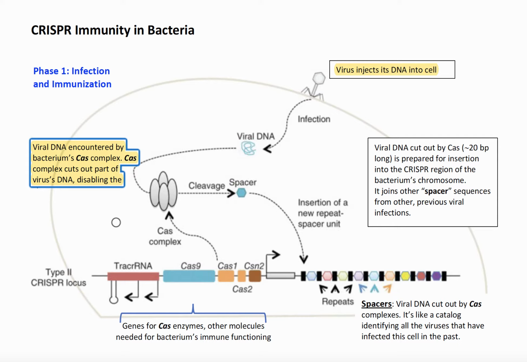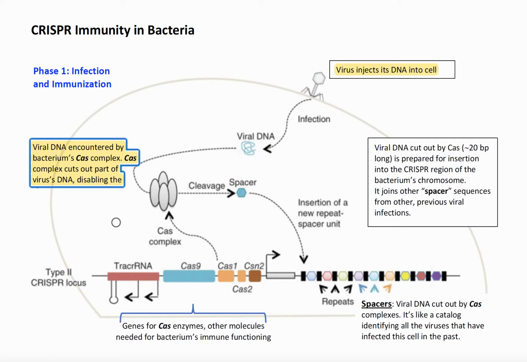And if we chop up the virus's DNA, it's no longer going to be able to infect the cell. It will disable that viral DNA, and it can't do the work that it would otherwise, and that is to sort of commandeer the machinery of the cell to make new virus particles.